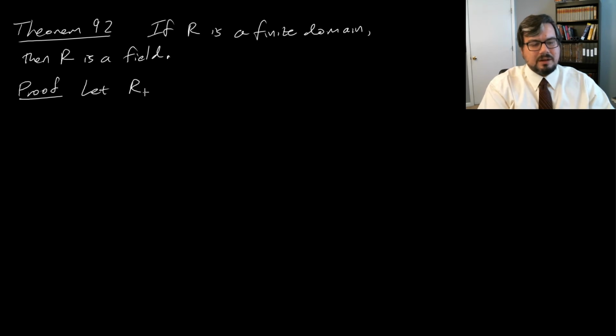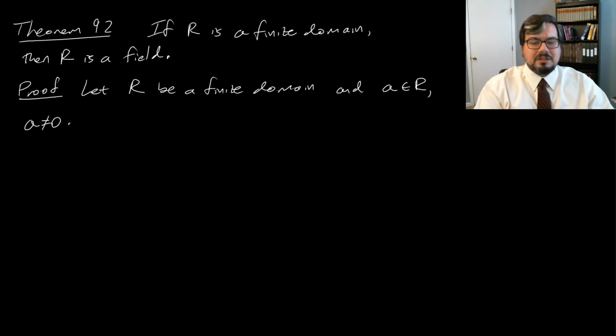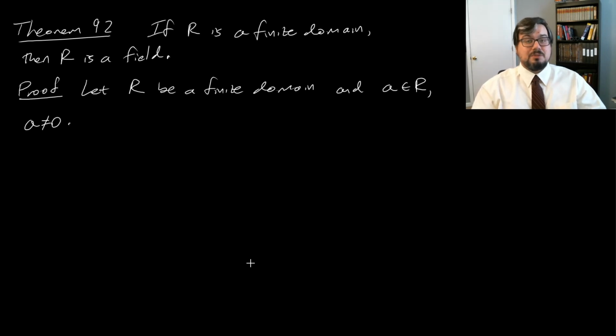So let R be a finite domain, and let A be an element of R which is not 0. We want to show that R is a field, which means we need to show that it's a commutative ring with identity and that every non-zero element has an inverse.